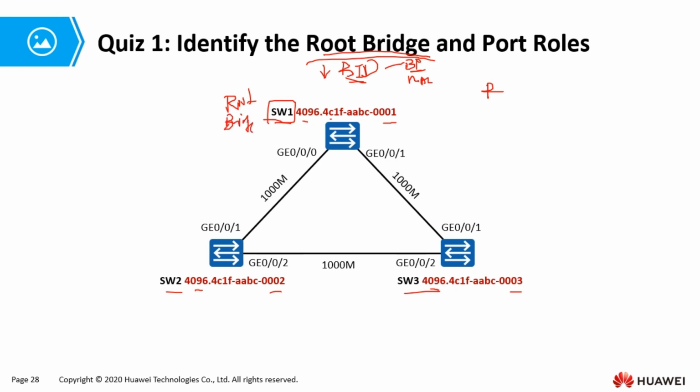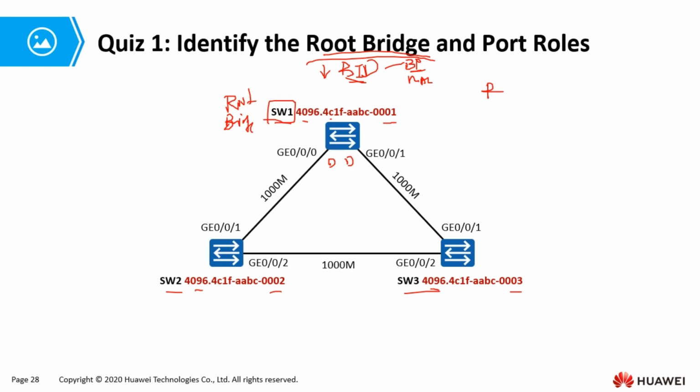Okay, once you decide the root bridge, immediately we know that here will become your designated port. Why? Because your root bridge will not have a root port. Okay, you need to know who will become your root port.